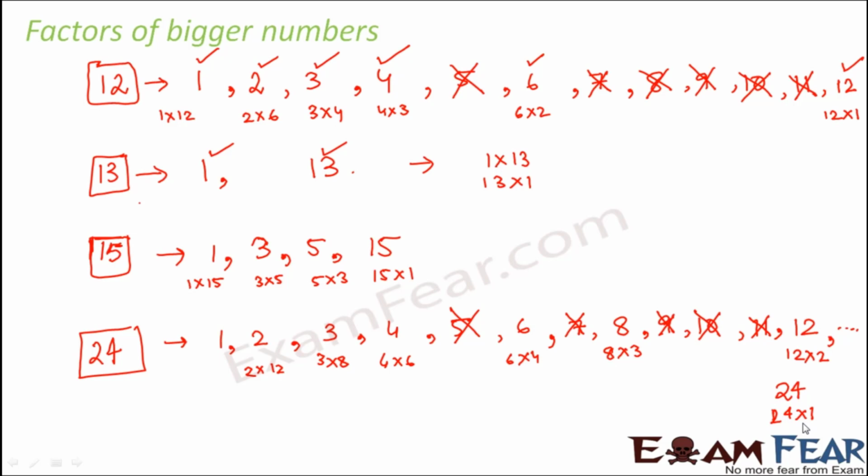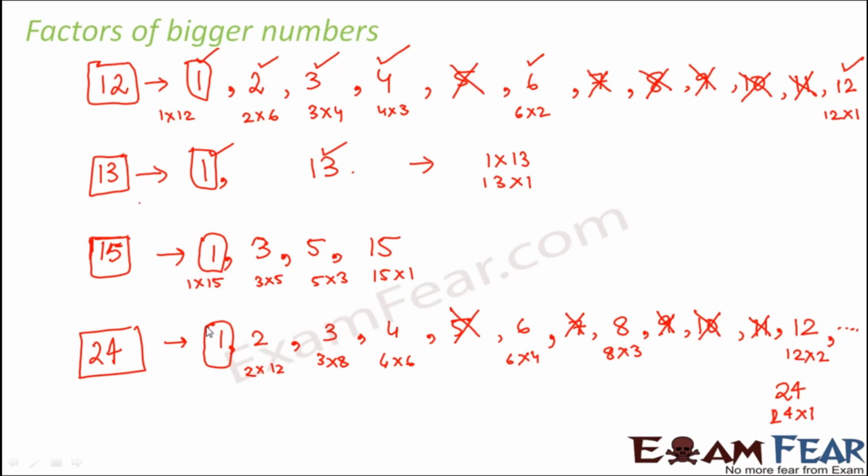One thing we observed is a factor has to be an exact divisor of that particular number. Second thing that we observed is a factor of a number is always less than or equal to the number. Another thing that you would observe is 1 is a factor of all numbers. Whichever number we have considered, everywhere we saw that 1 is a factor of that number.